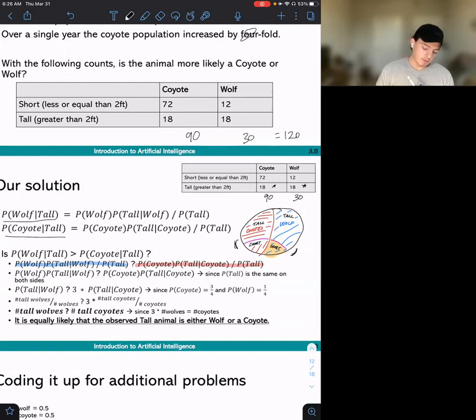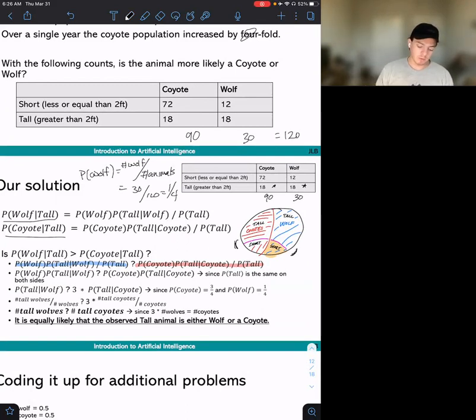So let's do the probability of a wolf. It's equal to the number of wolves over the number of animals. That equals now 30 over 120, which is 1/4. So we know from the probability of animals that it overall sums up to 1.